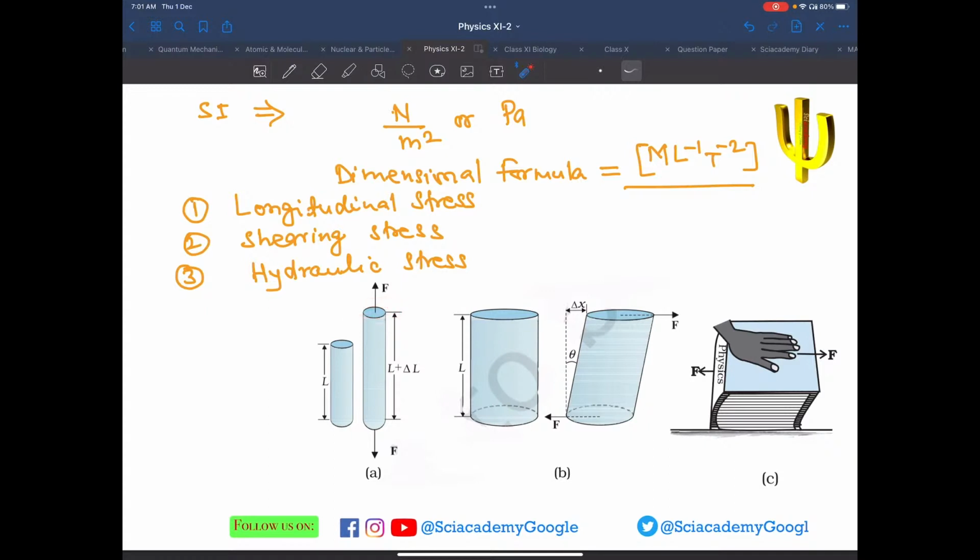So if we are taking a cylinder, and we are applying this force like this, and that is perpendicular to the area of this cross section. In that case, this restoring force developed per unit area is called tensile stress.